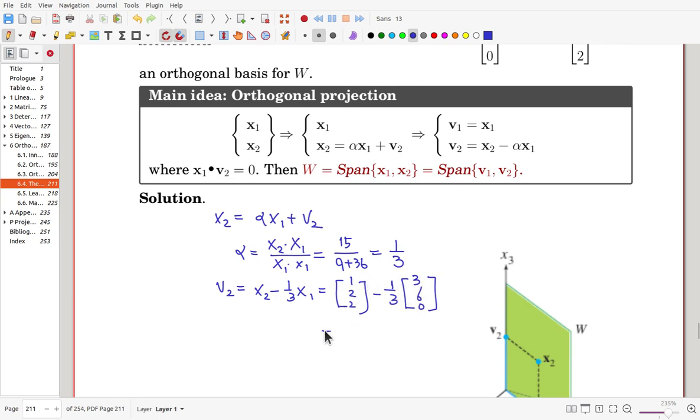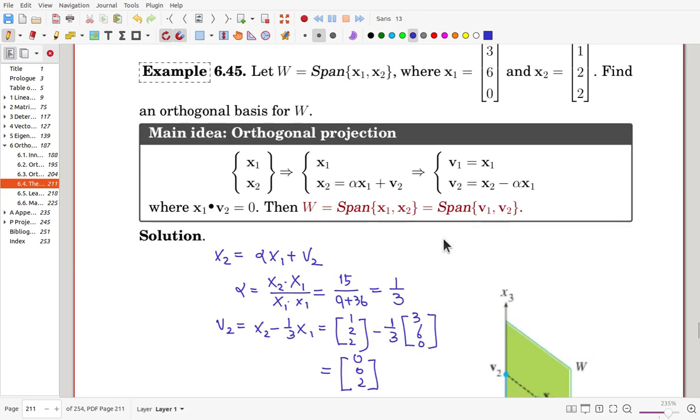So here the remainder part is only the last one. Okay, that's v2. So if we collect x1, which is v1, and that v2, then that is an orthogonal basis for W.